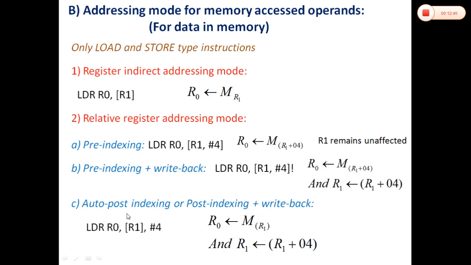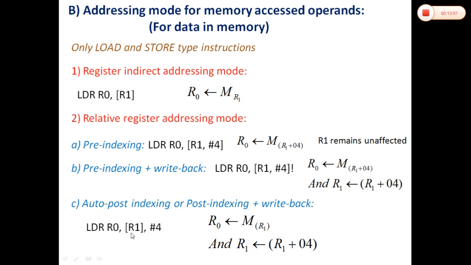The third type under this category is what is called post-indexing plus write back. The syntax of the instruction is typically like this. Here R1, given in the square bracket, is the base register which holds the base address, and this is the immediate number.